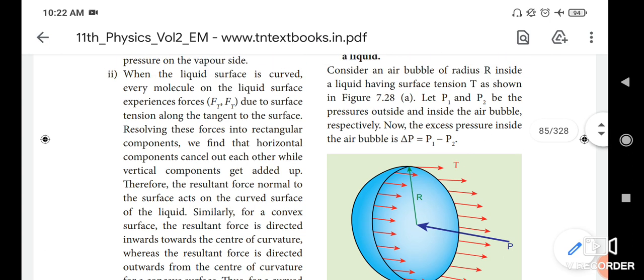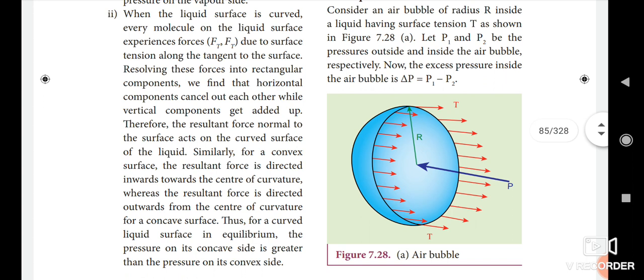Then let P1 and P2 be the pressure outside and inside the air bubble respectively. Here two pressures are there, P1 and P2. P1 is the outside pressure and P2 is the inside pressure. Now the excess pressure inside the air bubble is del P, which is equal to P1 minus P2.